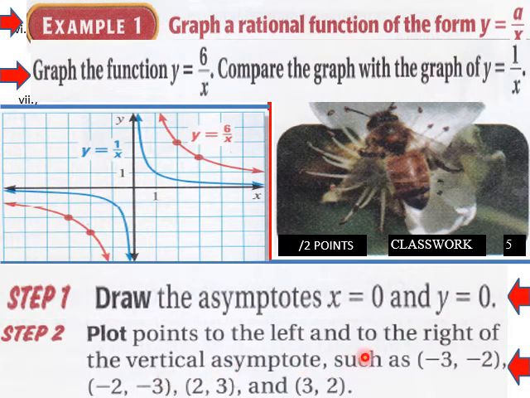Plot the points to the left and to the right of the vertical asymptote, such as -3, -2; -2, -3; 2, 3; and 3, 2. So you could put this into your calculator and get a table from that, and then plot from that, or just copy it from your graphing calculator into this as well. Or you can make a table by hand and then plot.